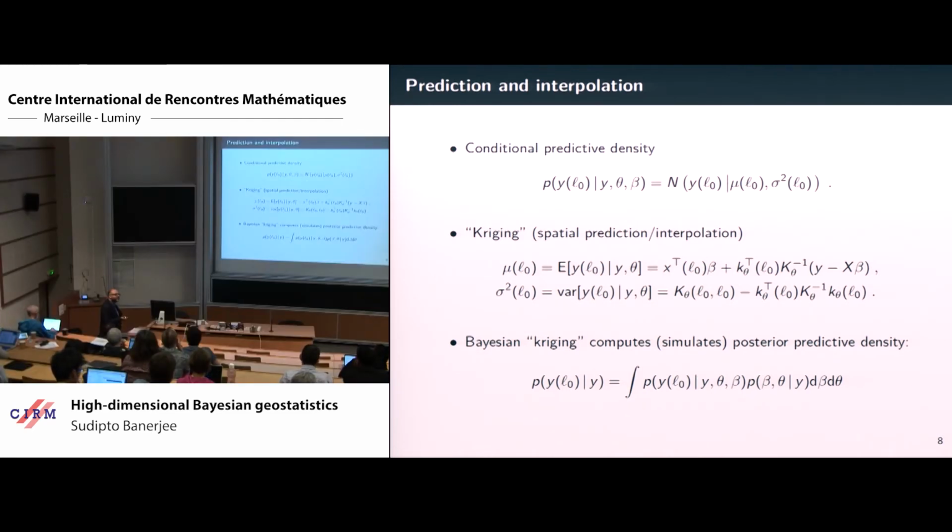I sometimes get this question, which is a very valid question, by the way, from those outside of the spatial world: why do you really need processes? Why not do this in a finite distributional setting and use, for example, Lasso and others to do big data? Well, this is crucial. You will need to interpolate across the entire domain.